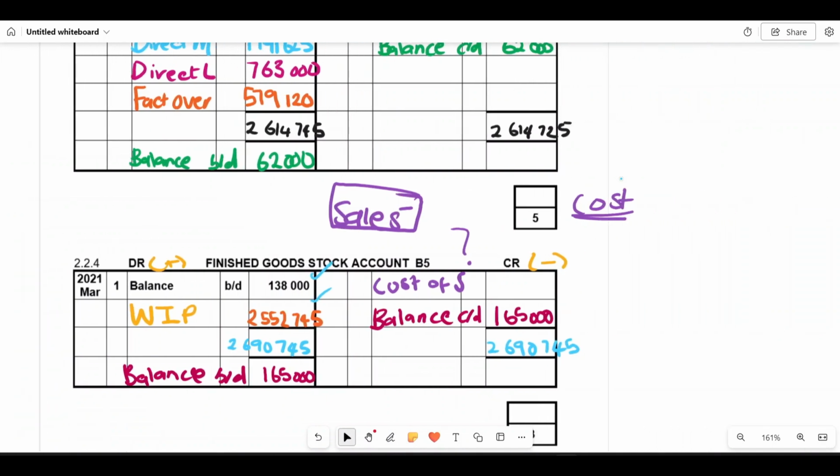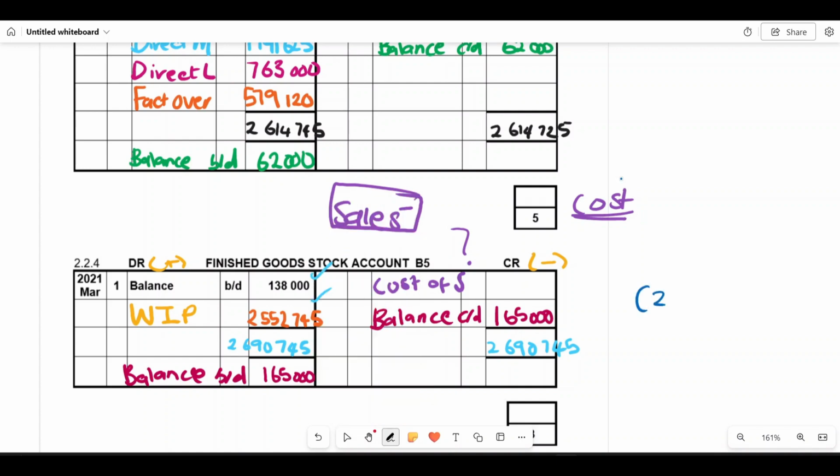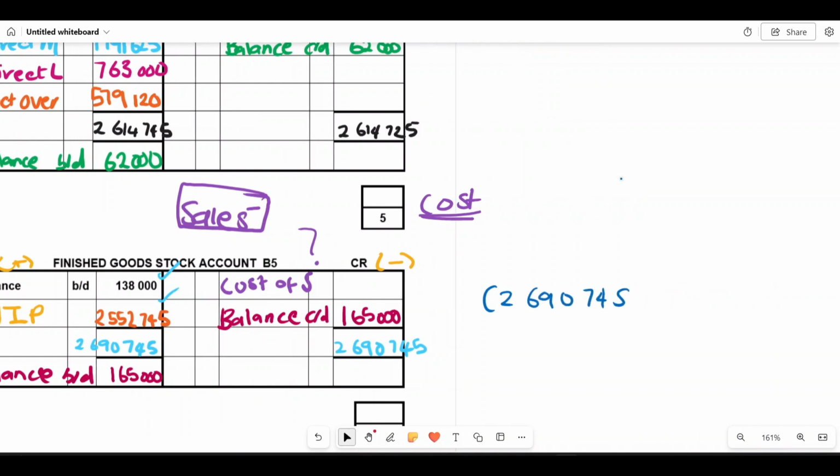Right, now, my cost of sales, which is my balancing figure, how would I go about recognizing it? So I would take the 2,690,745, and I'm going to subtract my balance carried down of 165,000. And now, if I do so, the value of the stock that I sold would amount to 2,525,745.